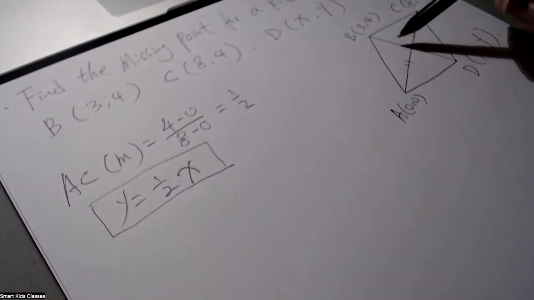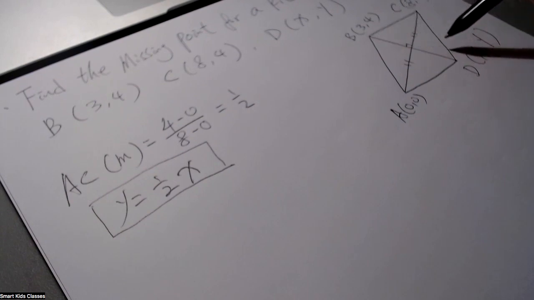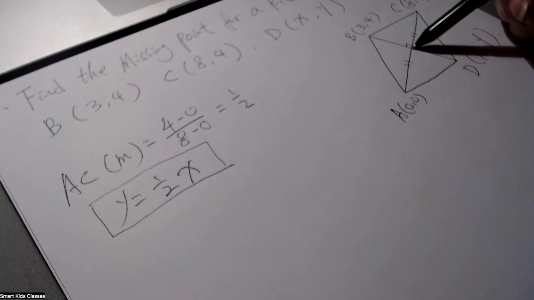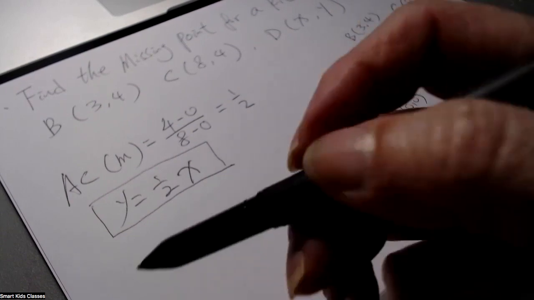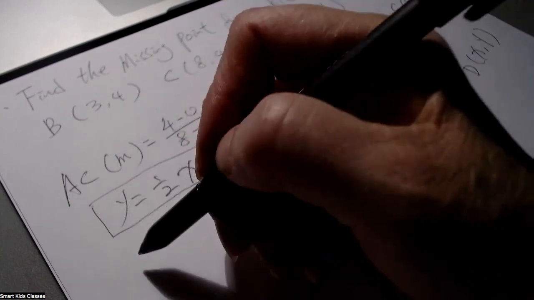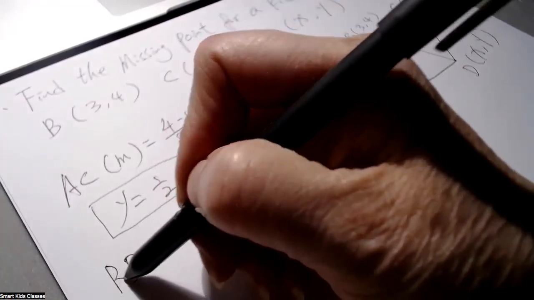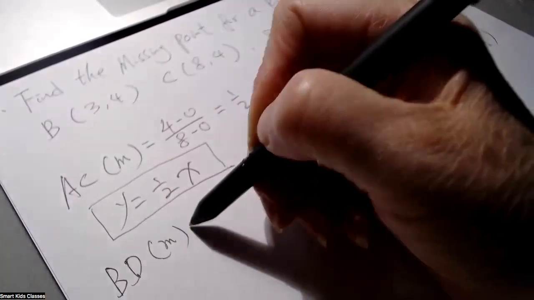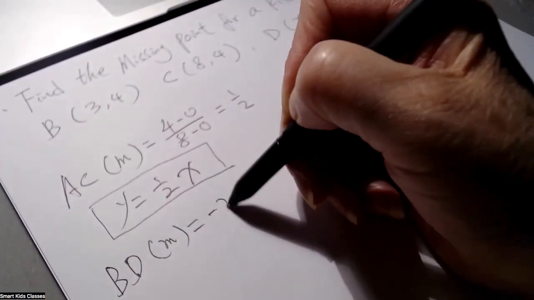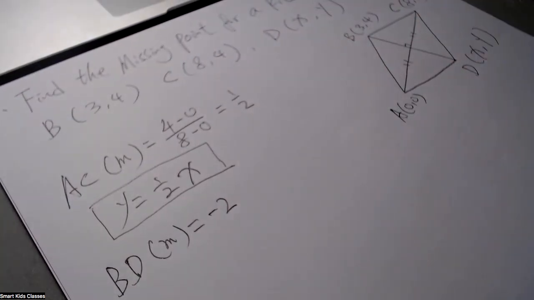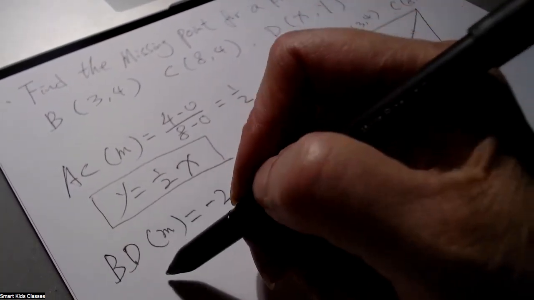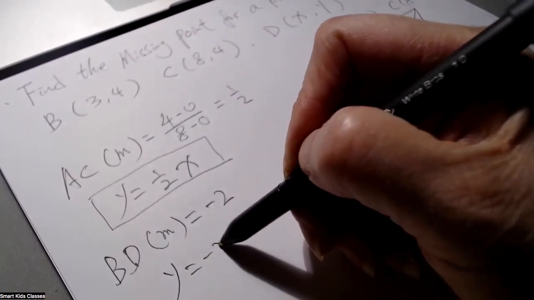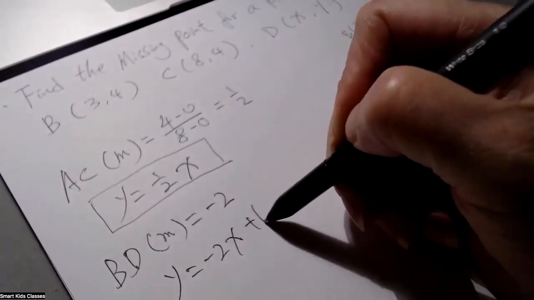Now the second equation is the vertical line. The slope is a 90-degree bisector, so the slope for BD is the reciprocal and negative integer. Then we write the equation: y equals negative 2x plus b.